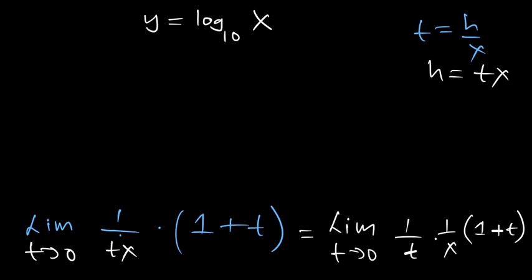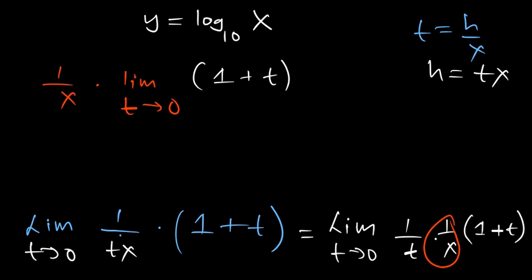So we can have the limit as t approaches 0, and then let's start by pulling out the 1 over x, which is not part of the limit, and then we have the limit as t approaches 0, and then from the laws of logarithms again, 1 over t becomes the power there, and then over, we don't have anything on the denominator.